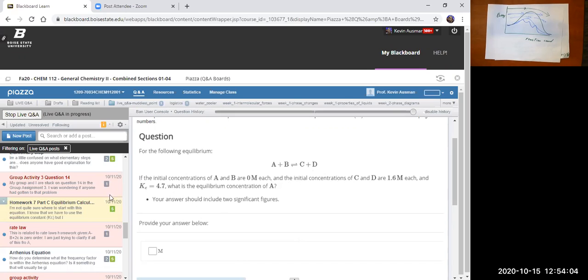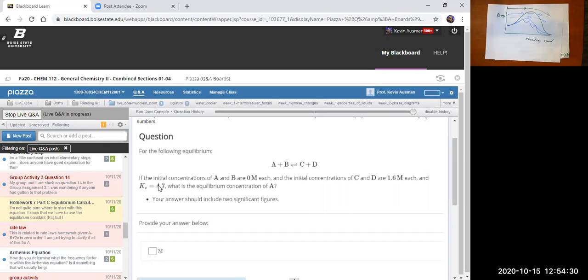So we have a Kc of 4.7. I'm going to write this separately, and then we'll switch. A plus B in equilibrium with C plus D. Initial concentration of A is 0. Initial concentration of B is 0. Initial concentration of C is 1.6 molar.